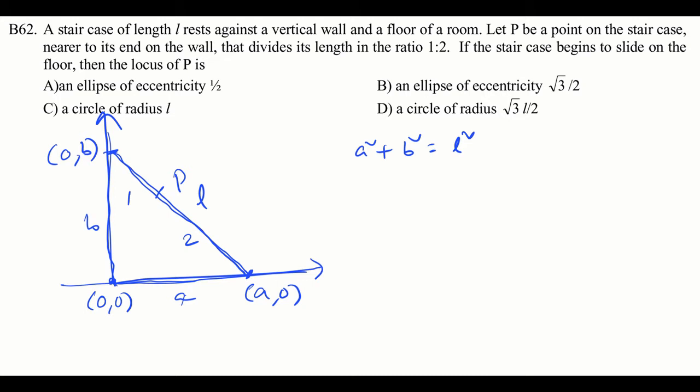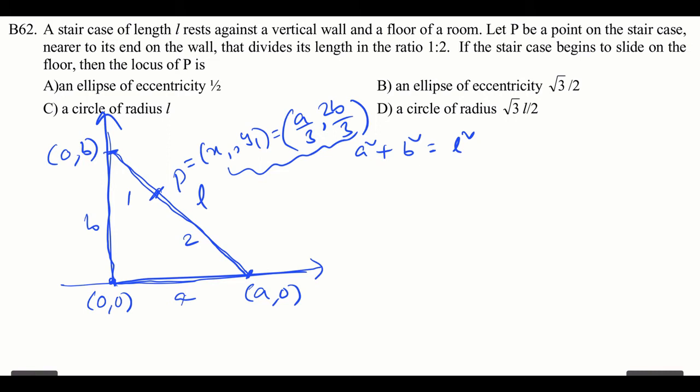Now let us write the coordinates of P. We have to find the locus of this point only, x1 comma y1 equal to, applying the section formula, I'll get x coordinate as a by 3 and y coordinate as 2b by 3. And from this we observe that a is nothing but 3x1.